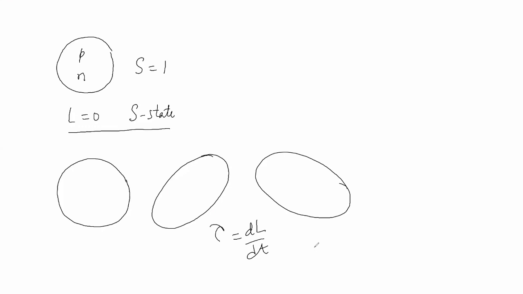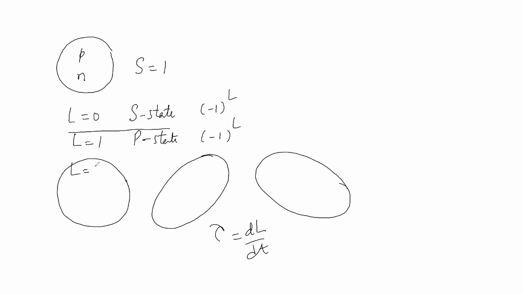Now, since the neutron and proton are interacting through the strong interaction, and in the strong interaction, angular momentum and parity are conserved quantum numbers. Therefore, the L equal to 1 state is not allowed, because for L equal to 1, parity will be odd, while for the L equal to 0 state, parity will be even.